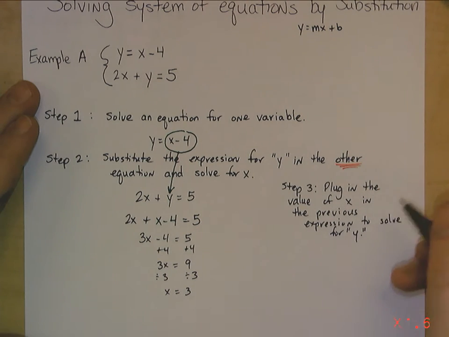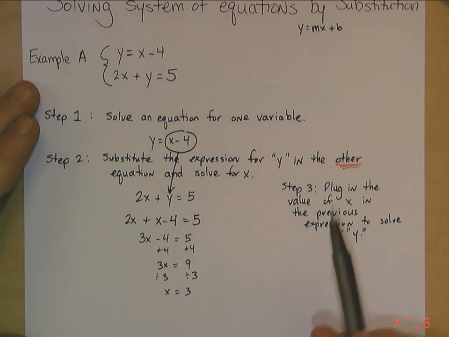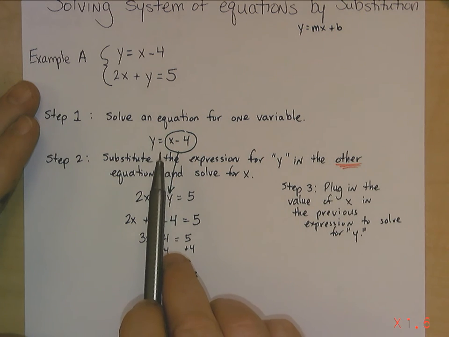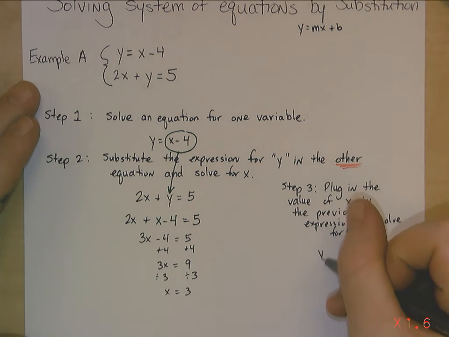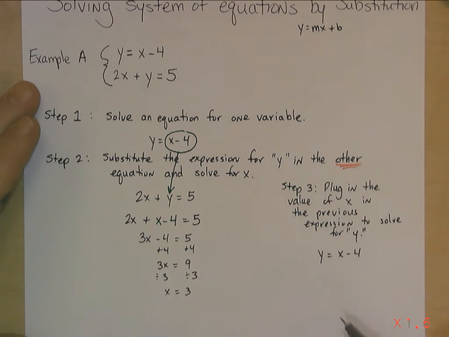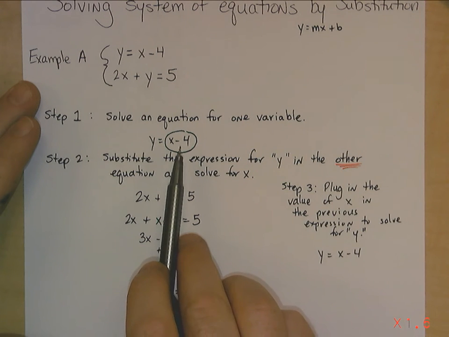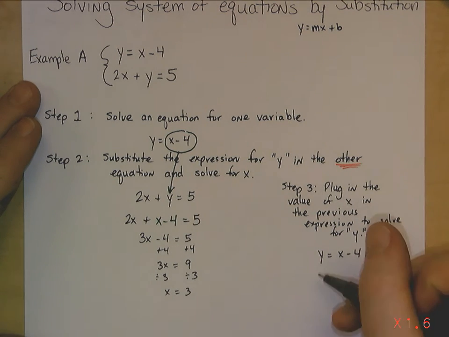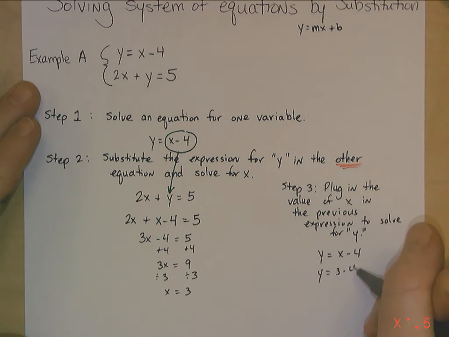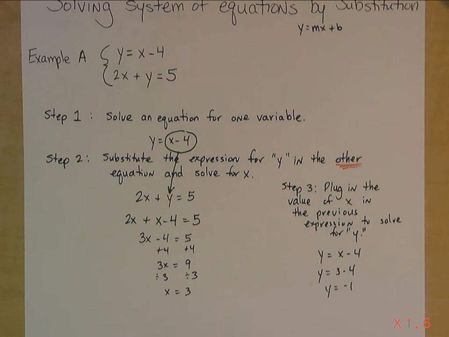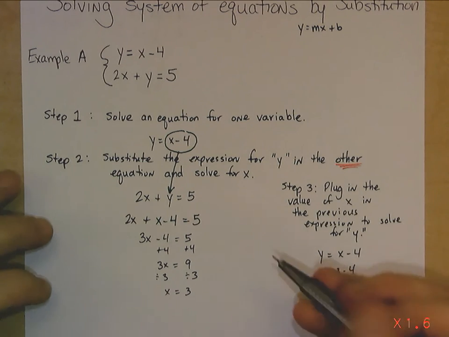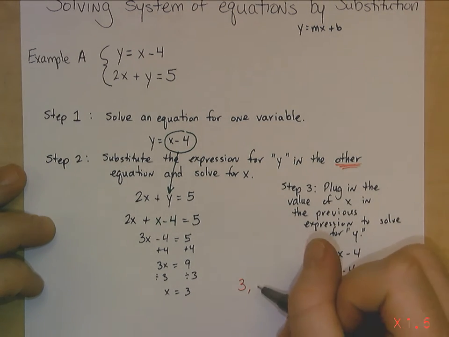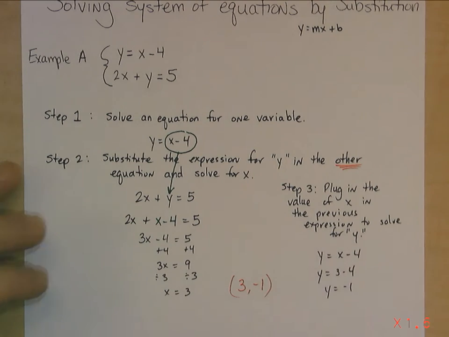We're looking for y. So that's the previous expression: y equals x minus 4. Again, we didn't know what it was. All we had was the algebraic expression. But the answer, the technical answer, let's see what it is. We plug that in here. y equals 3 minus 4, and we get y equals negative 1. So our solution for this is going to be (3, negative 1). And that's going to be our solution.